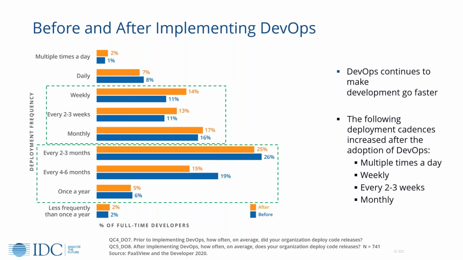And the slide shows how post-DevOps implementation, turning to the rectangle at the top with the weekly and every two to 3 week and monthly cadences, there is an increase in deployment frequency for these deployment cadences, and correspondingly, the deployment frequency for the every 2 to 3 month and every 4 to 6 month and once a year cadence decreased.